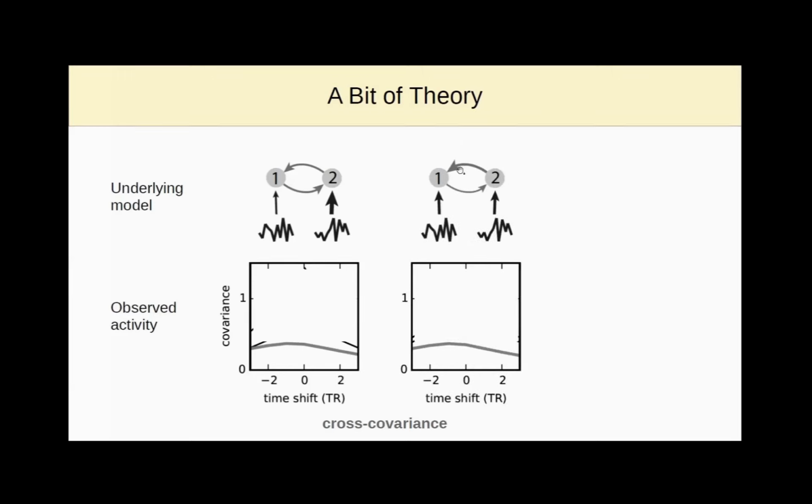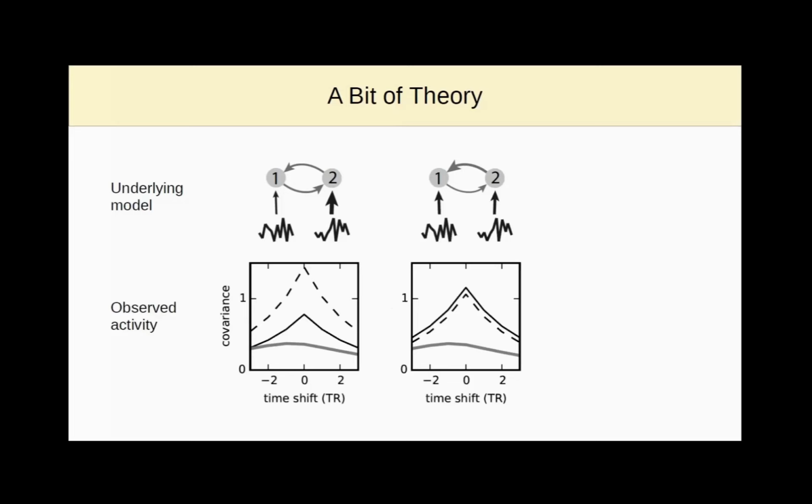If you look at a different configuration, now we've got the same amount of noise in the two regions, but the connection in one direction is stronger than the other. And the apparent cross covariance is the same. So to really tell the difference, which is important when we do the estimation, we need to observe not only the cross covariance, but also the auto covariance.